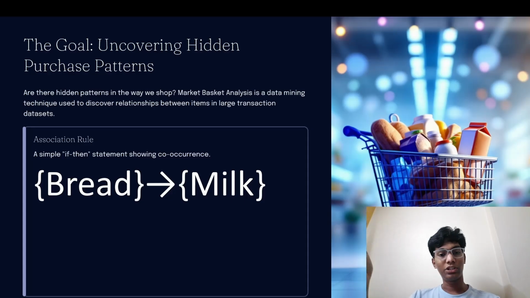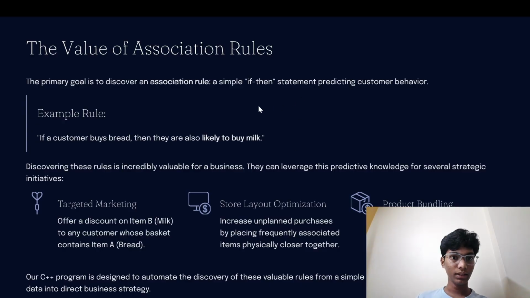Even they use recommendation systems, which is the same logic, but the implementation is different. They do it on online websites, and what I'm talking about is offline stores, right? So yeah, this is the idea. We need to find hidden patterns in which customers buy things. Right. Let's move on.